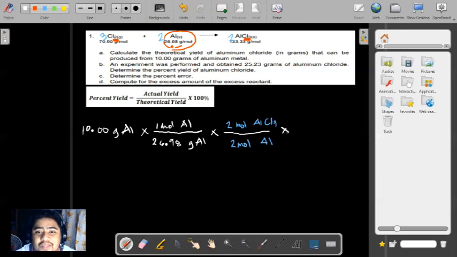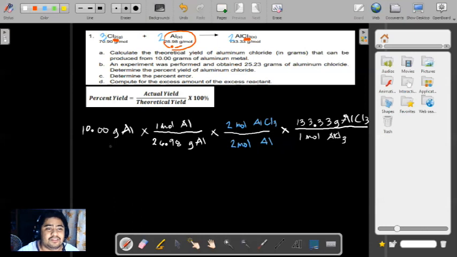And then, multiply natin yan. Kasi ang hinahanap natin yung grams, di ba? So, we are given the mass or the atomic mass or the molar mass of AlCl3. So, we have for every 1 mole of AlCl3, meron tayong 133.33 grams na AlCl3.